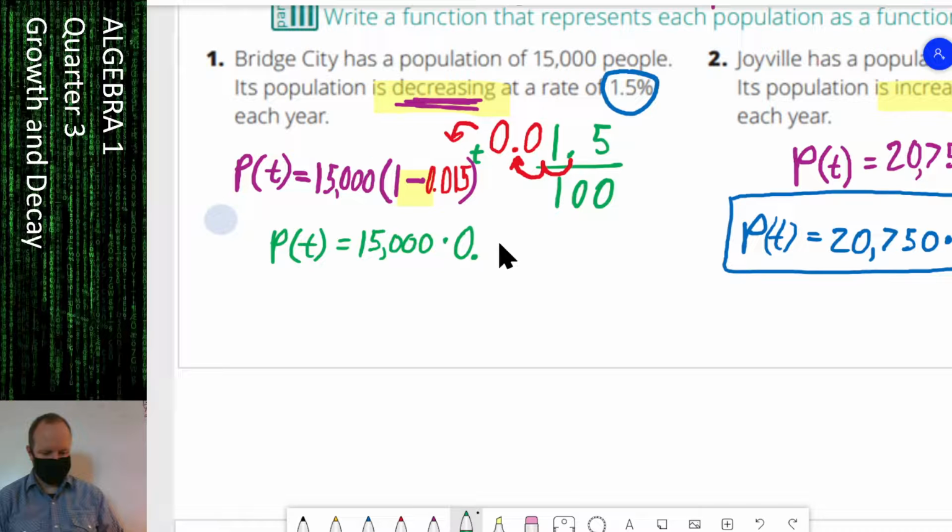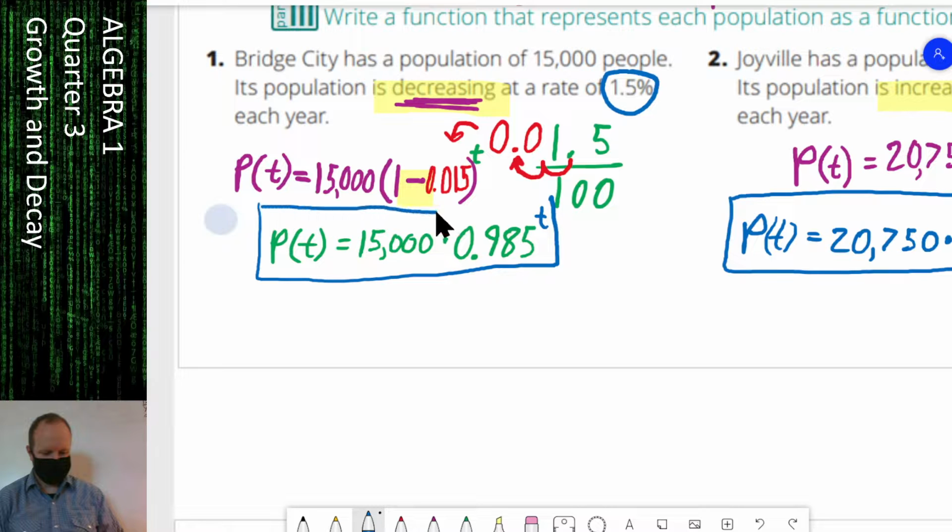So it should start with a 0.98. So 1 minus 0.015 gives us 0.985. And the very last part, we've got to put that little t up there so we have somewhere to plug in the number of years that we want to know, after so many years, how big that town is.